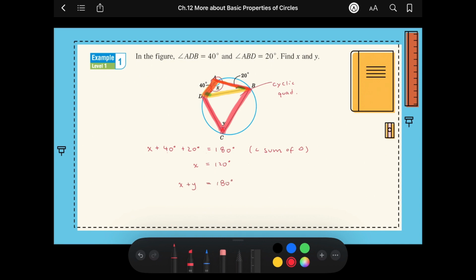X and Y are opposite angles. So using opposite angles, cyclic quadrilateral, you can find the angle for Y. X is 120, plus Y equals 180. Therefore, Y is 60 degrees.